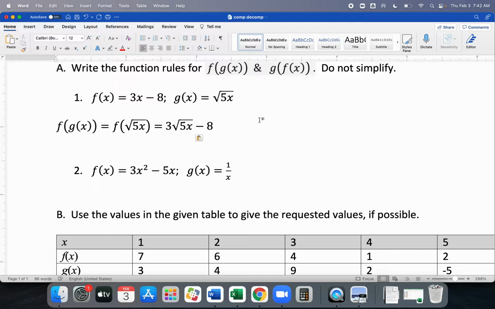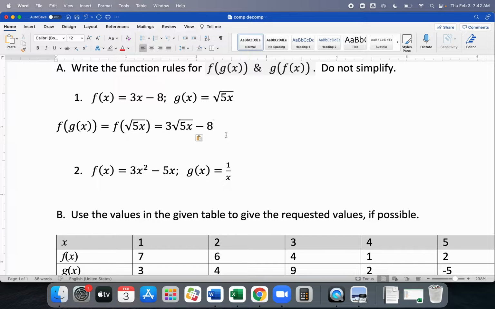Now, if this had said f of g of 5, then I'd say, oh, g of 5 is the square root of 25. So that's 5. And then I'd plug 5 in here and say 3 times 5 minus 8, 15 minus 8, 7. And I could get that result. I could also do that all at once here: 3 times that square root of 5x minus 8.